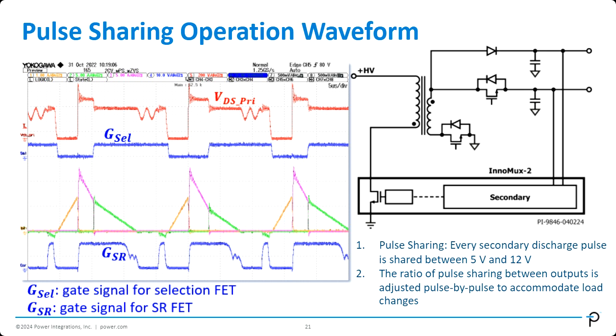For example, if the voltage on this output keeps dropping and this output keeps requesting energy, then the chip is going to adjust the ratio of this output to get more energy. But if you keep requesting even more, then it's going to give you a bigger jump in the ratio to be able to accommodate any load step conditions. So yeah, that's that.